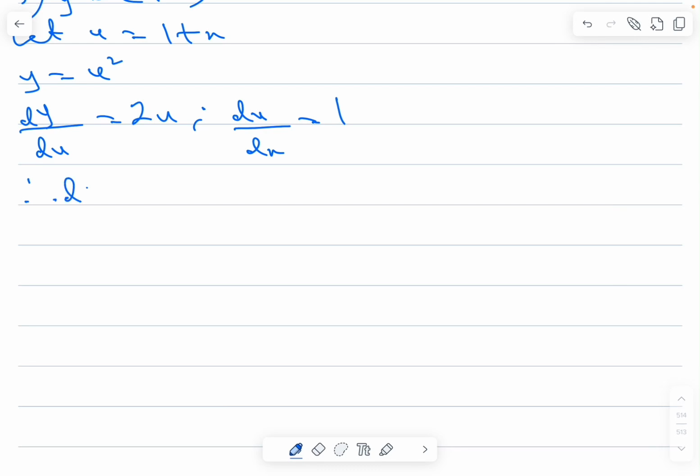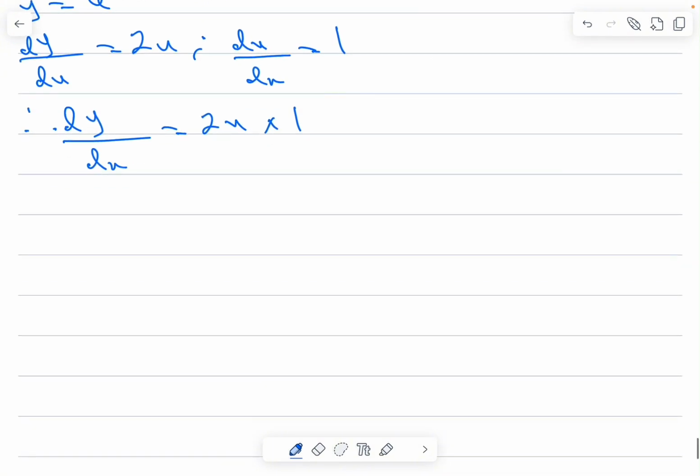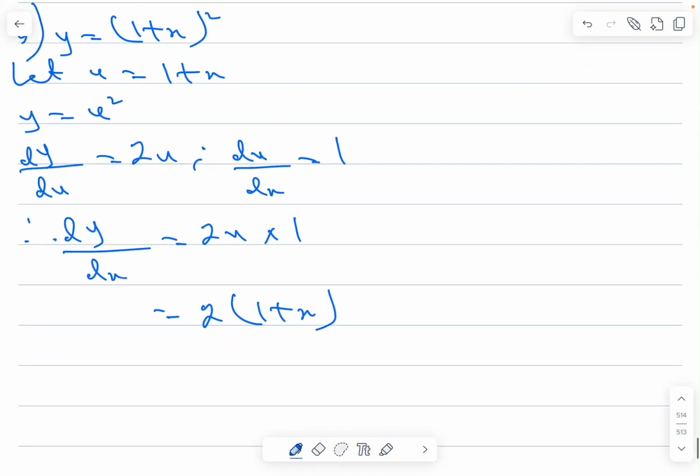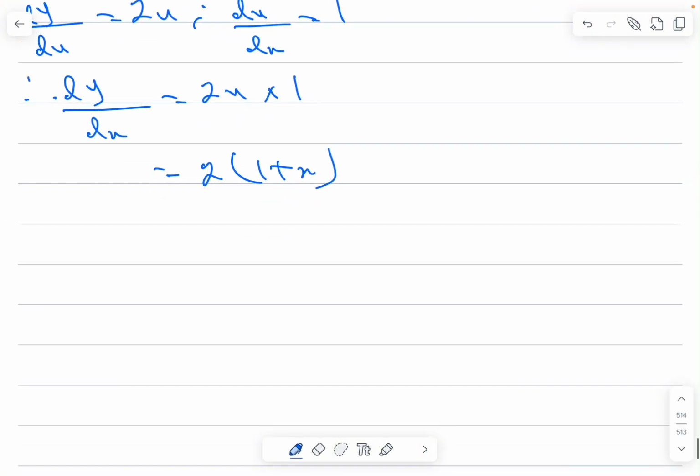So dy/dx is therefore equal to 2u times 1, which is dy/du times du/dx. And that simply means 2u, which is 2 times 1 plus x. U is 1 plus x.